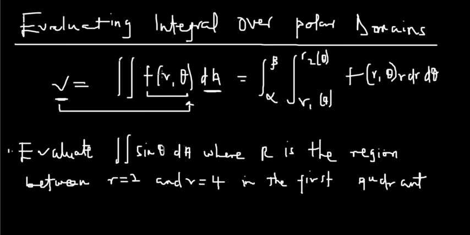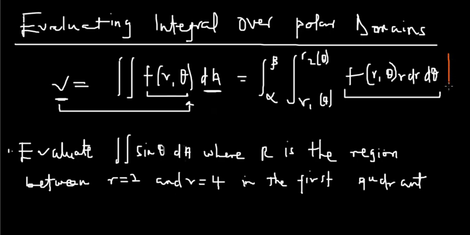So for r, you'll be given r1 and r2 with respect to their angles. So r1 with respect to theta, r2 with respect to theta, and then we have the function f of r and theta, and then take note of this expression. It's very important.